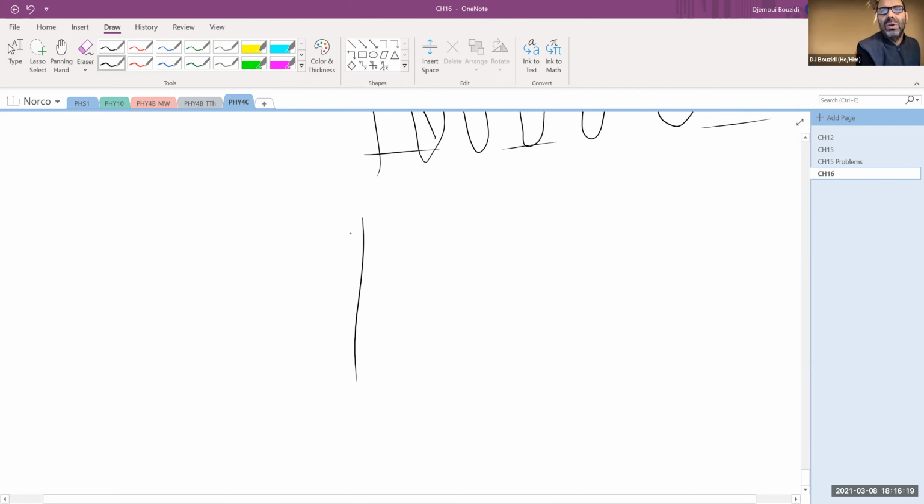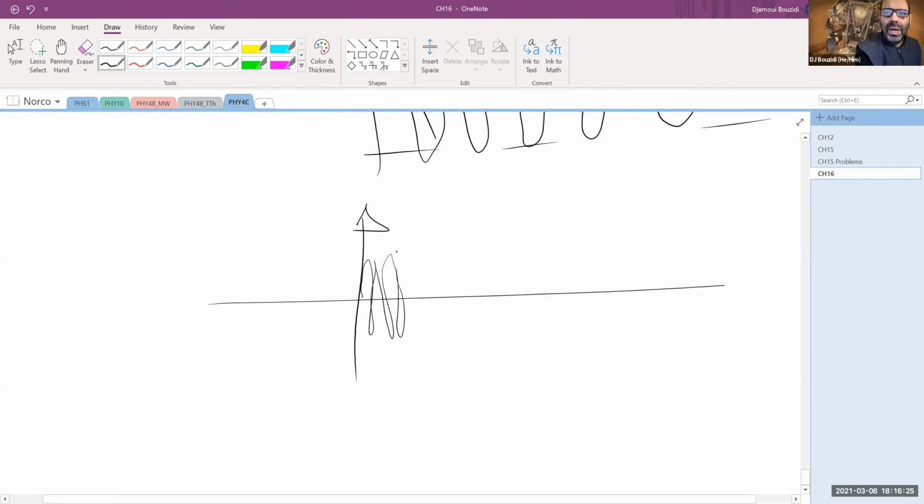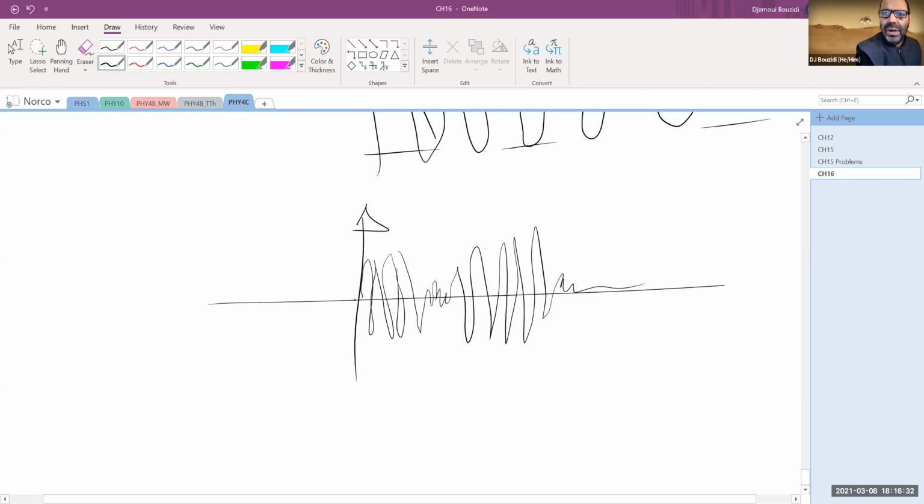So this is how it's going to look. It's going to be a sound that is periodic, then it's going to start to shrink, then periodic again, then shrink, and so on and so forth. So this is the T I was talking about.